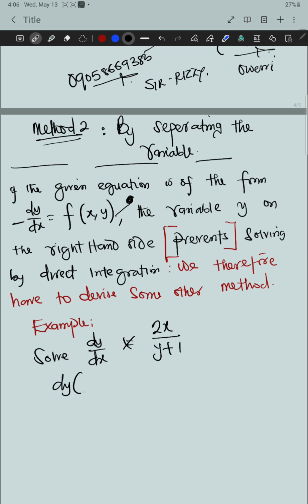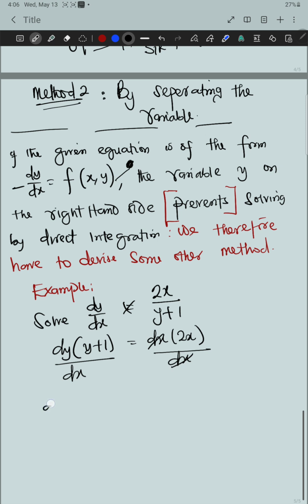So we have dy into the bracket of y plus 1 equals dx into the bracket of 2x. Because I want to find dy over dx, let me divide by dx. So I have dy over dx into the bracket of y plus 1 equals 2x.